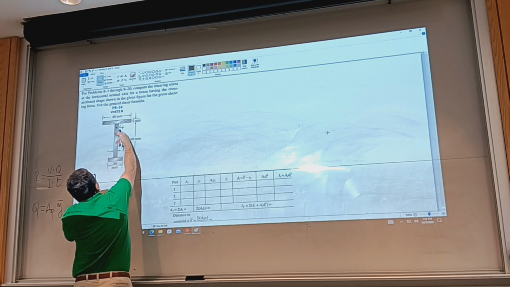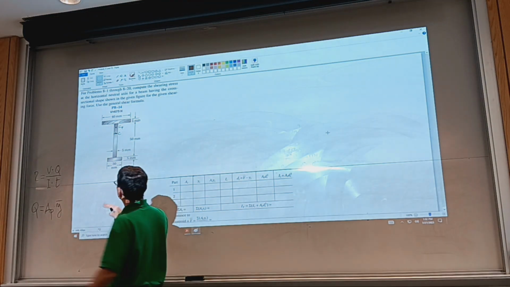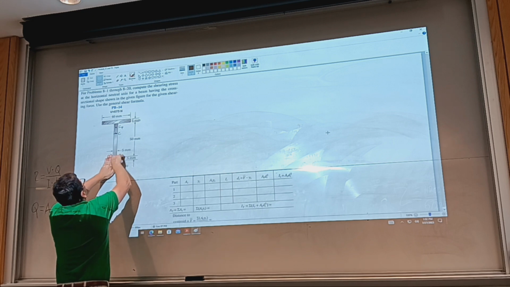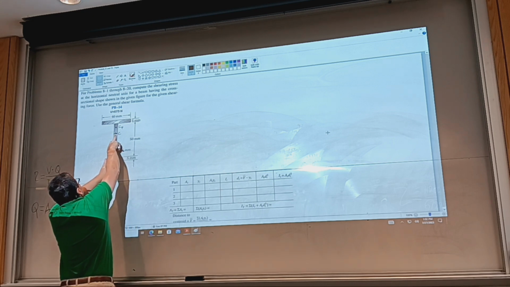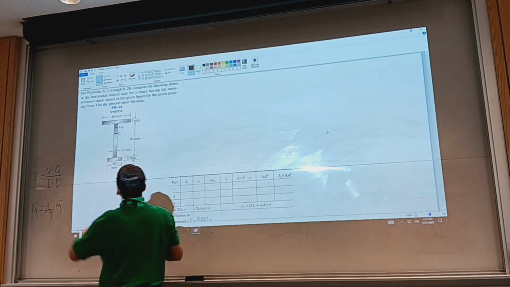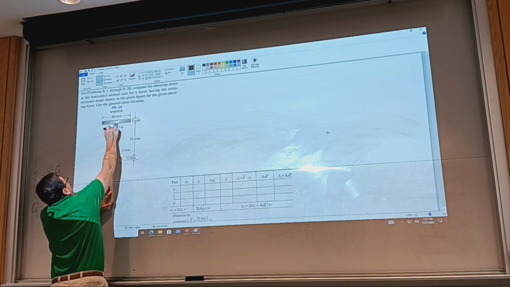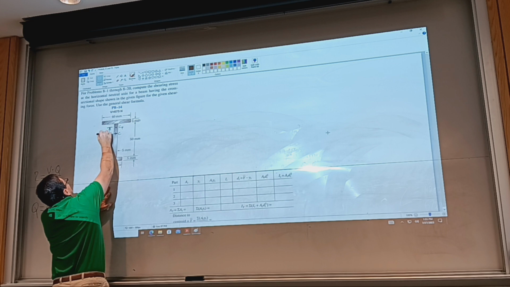Again, you can take the lower area. No mistake by doing so. It might be more convenient. So if it's a T-section, for example, I would definitely take the lower area as the partial area, because it's just one body or one shape. Okay, so this is going to be our y bar.